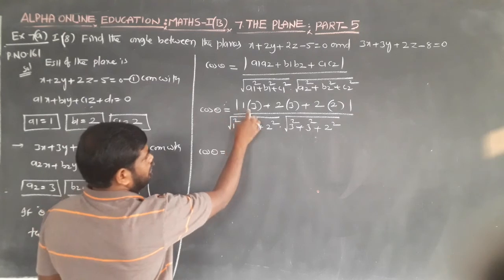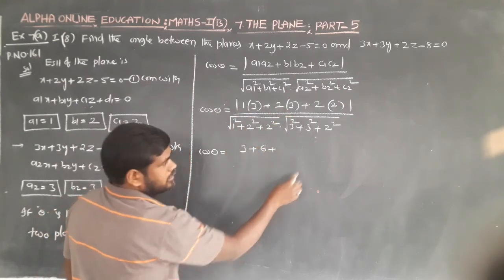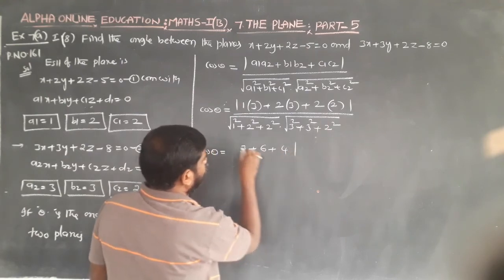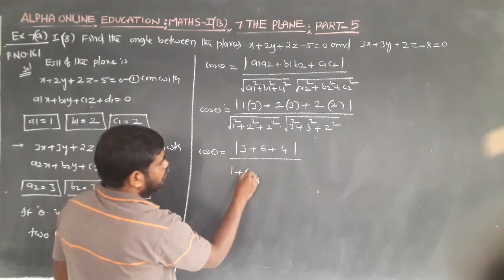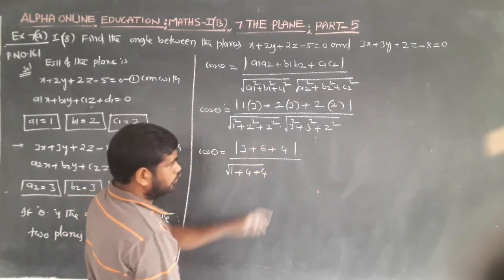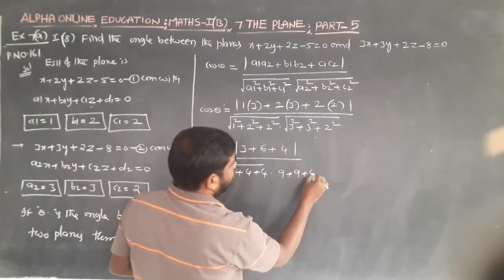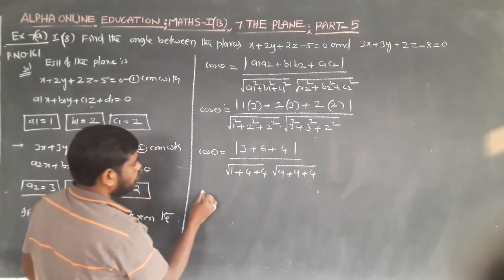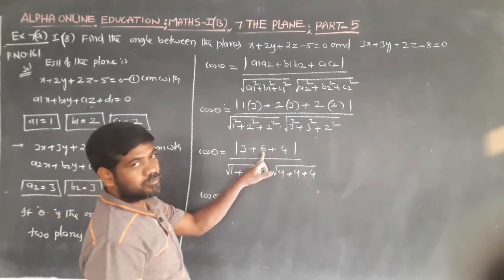Cos theta equal to 1 3s are 3, 2 3s are 6, 2 2s are 4, whole divided by 1 square 1, 2 square 4, 2 square 4, 3 square 9, plus 3 square 9, 2 square 4.